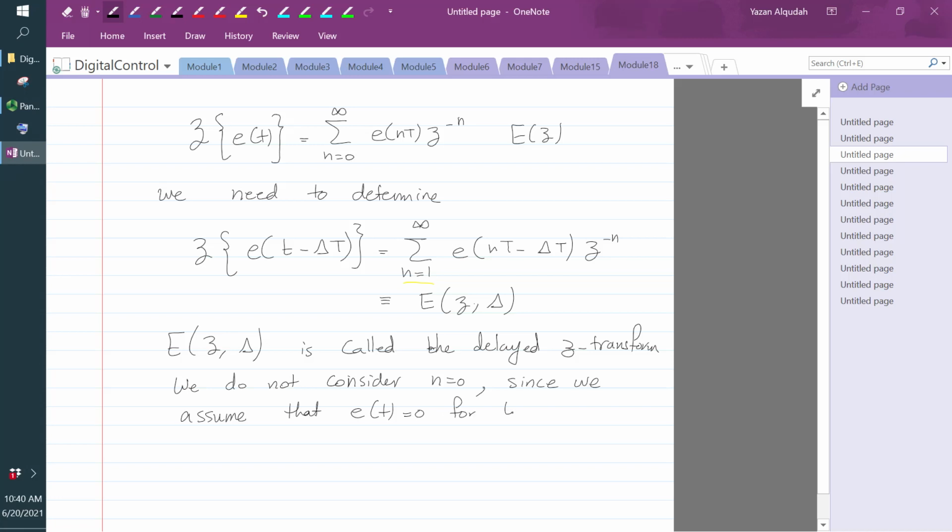So if that is the case, even if I start with n equal to 0 here, I'm going to get E of negative delta t. E of negative delta t is going to be 0 because E of t is equal to 0 when t is less than 0. So therefore, I can just start from n equal to 1.